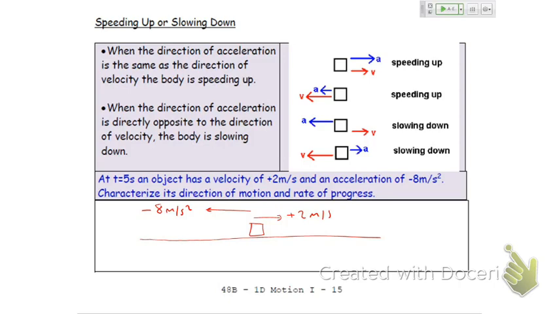Characterize its direction of motion and rate of progress. It's going in a positive direction and slowing down. It's going in a positive direction because my v is positive, and it's slowing down because my v and my acceleration are in opposite directions to each other.